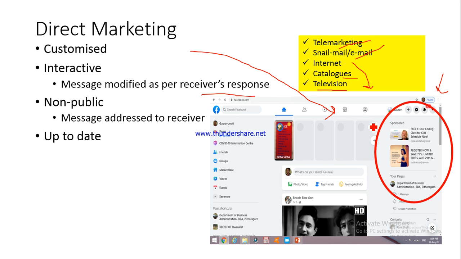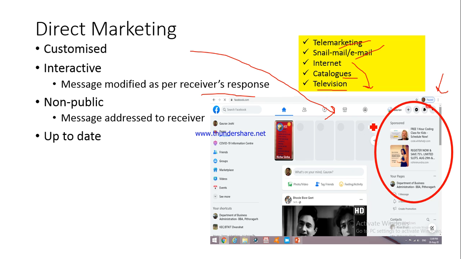Can you do this kind of thing in advertising? Can you keep changing your advertising every single month or every single week depending on the emerging tastes, emerging customer requirements, emerging customer needs? You cannot do that, but here you can. For example, let's say I'm a bank using direct marketing, and I send mails to my customers.